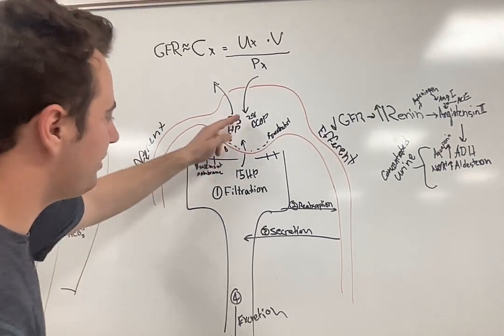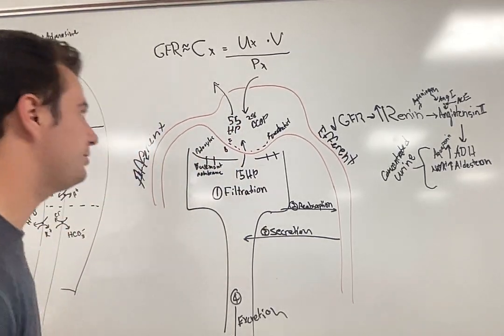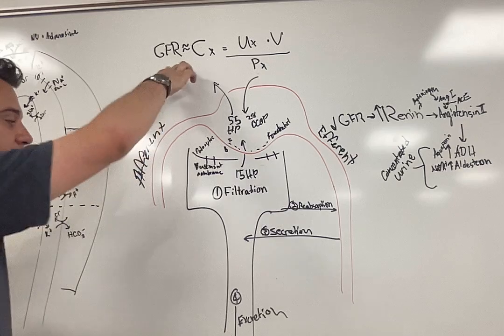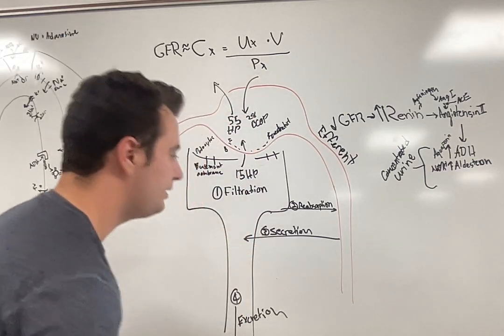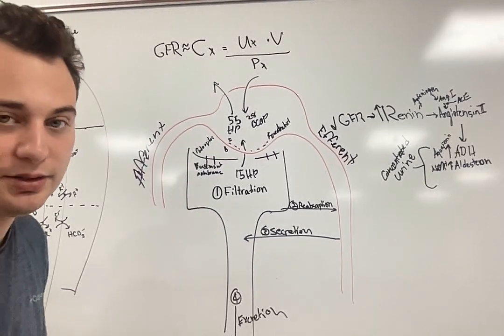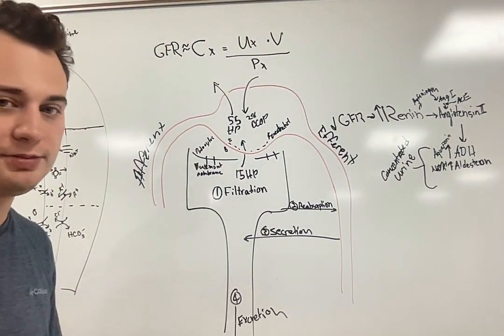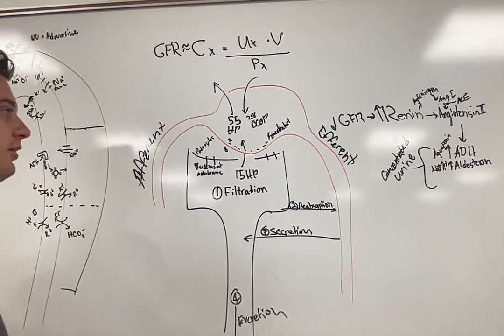We want something small that just flies right through to excretion in order to detect how efficient your GFR is, your fluid pressure. And so you can pee it out. And so scientists used inulin. That's a long story, but it's just a small non-charged particle. And we can use it to detect GFR.